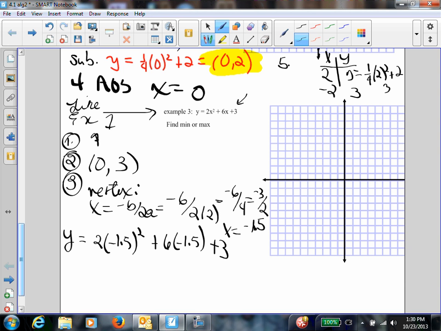Okay, get your calculator out and do it. Half of you will get it right, and half of you will get it wrong because you're not plugging them in. So plug it in. You don't have to do it in steps. You just have to stick it into your calculator just as it's written up there.